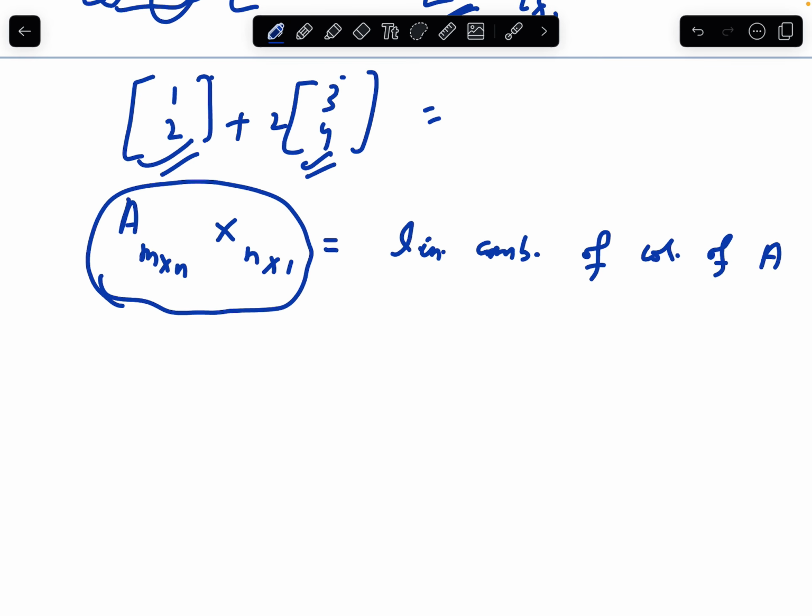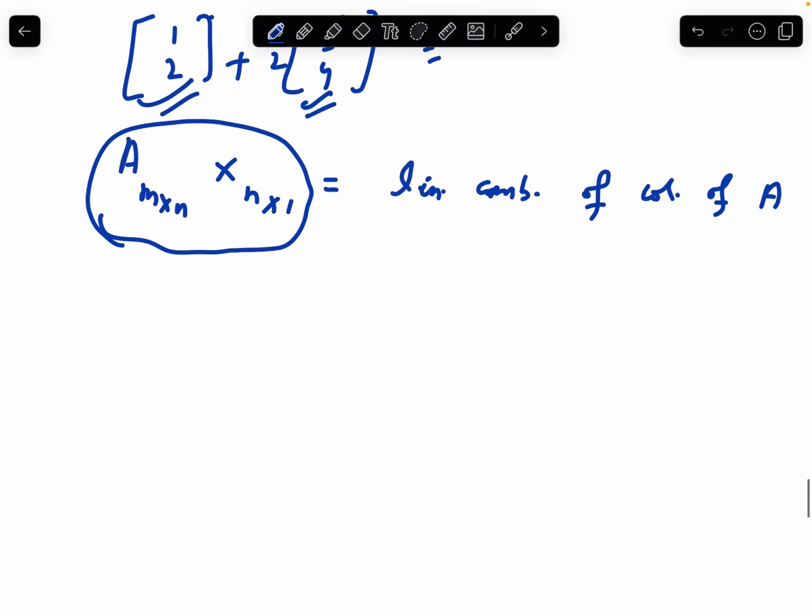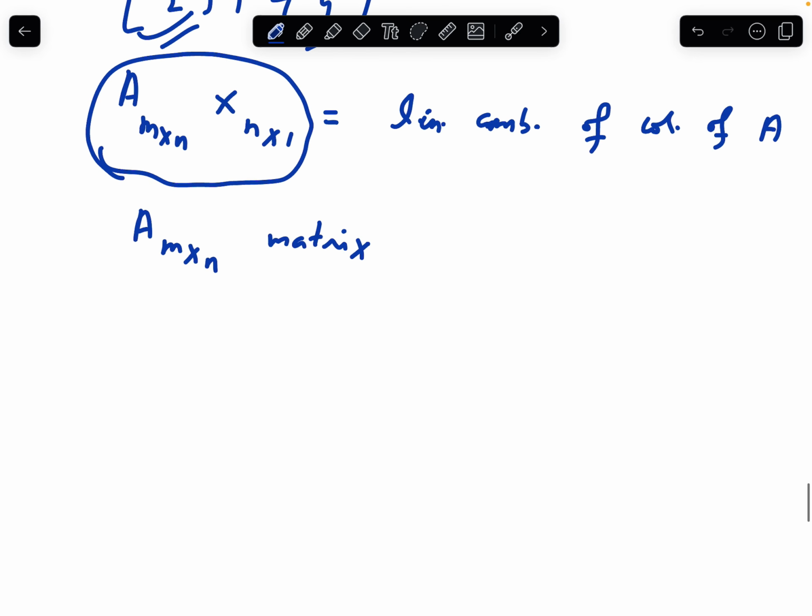Now let's note some definitions. So if A is an m by n matrix, then if we look at the span of columns of A, then this gives me a vector space, right?